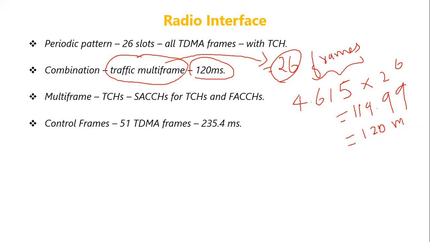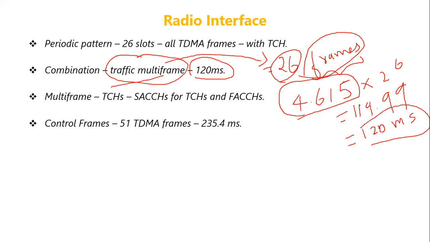Okay, so the point is 26 frames put together forms one multi-frame, where the length of each frame is 4.615 milliseconds. So all these 26 frames put together, the duration is 120 milliseconds.